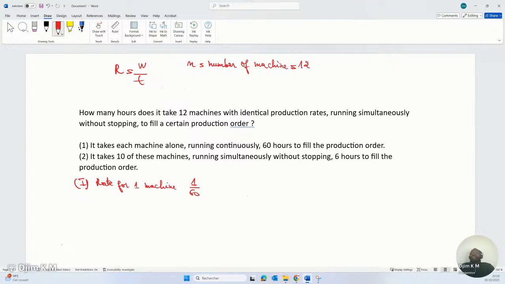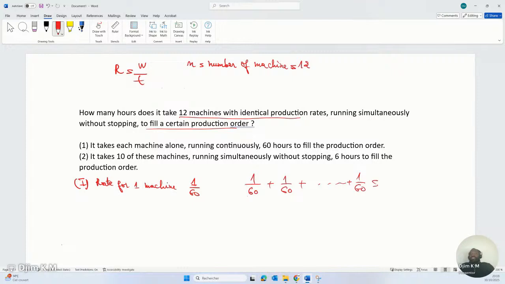So it says how many hours does it take 12 machines to fill a certain production? So this is for 1 hour, and they have an identical rate. So this will be as if we are saying 1/60 plus 1/60 plus 1/60.